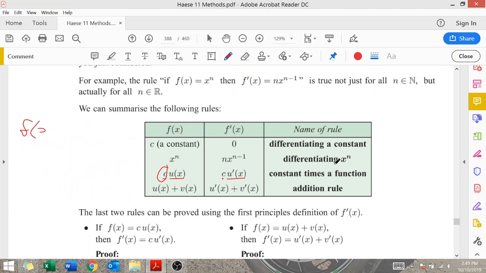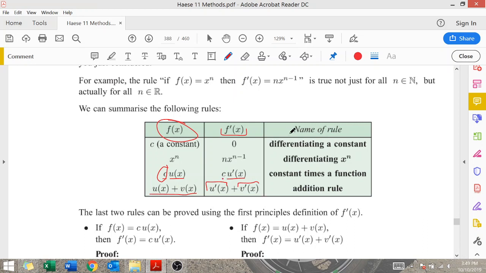Finally, we can look at the rule where we have two functions added together. So our function f of x is made of two functions added together. The derivative of our main function will be the individual derivatives of each of these smaller functions, which we then add together.